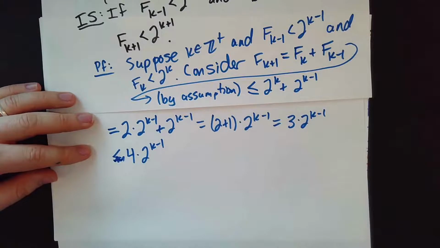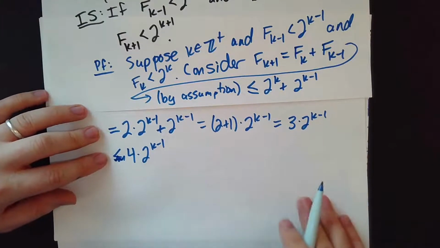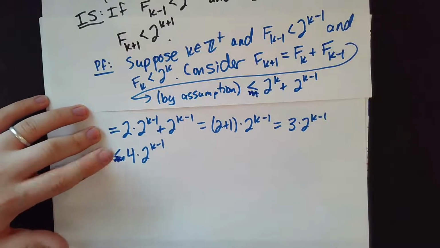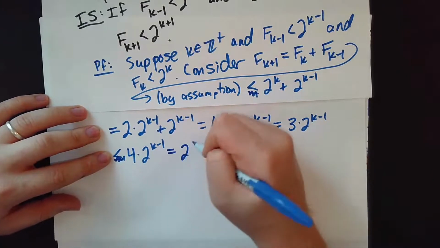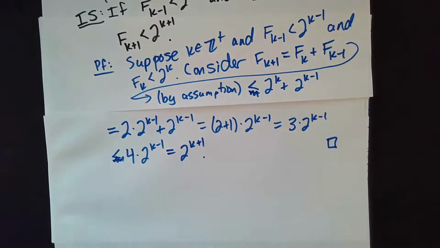I need strictly less than, but it is strictly less than it. Oh, this was also strict, so this did not need to be strict, but this is strict, and then that is just 2 to the k plus 1. And so that is our proof.